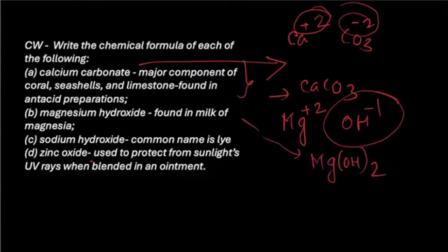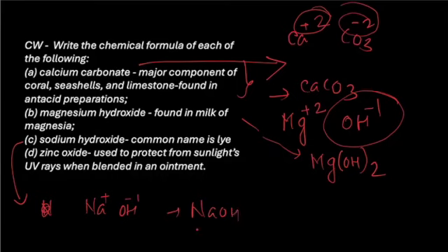And the second last, sodium hydroxide. Sodium is how much? Na, and hydroxide is OH. So this is simply going to be NaOH. Okay, last. Zinc oxide, that is used to protect from sunlight and ultraviolet rays, that is there in the cream, sunscreen.